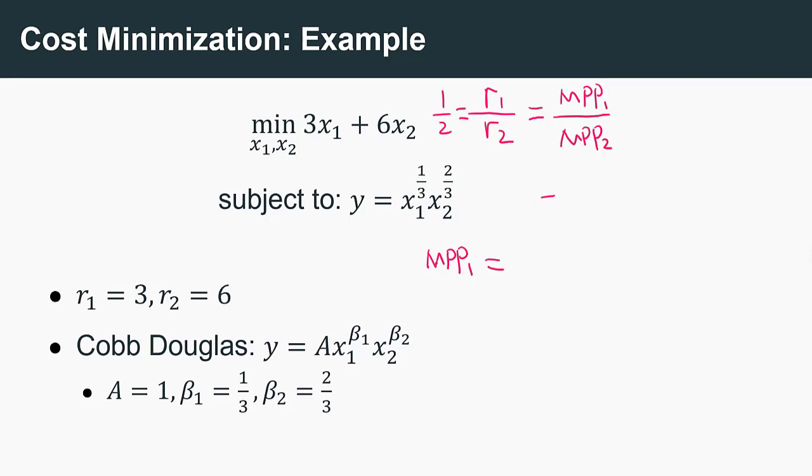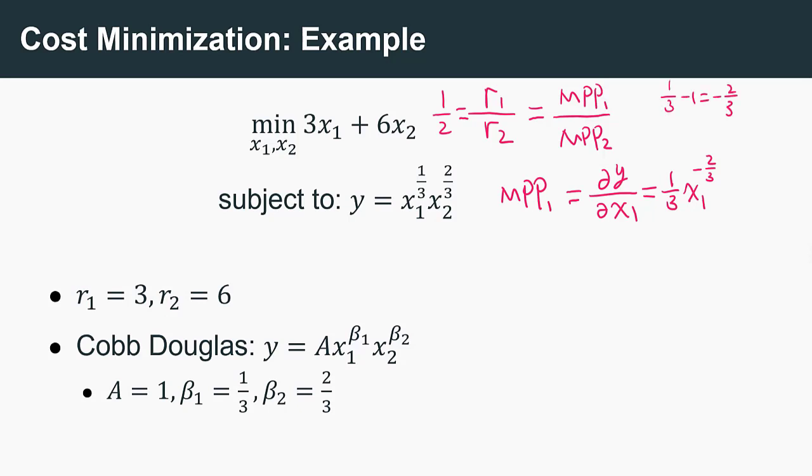MPP1 is equal to the partial derivative of the production function with respect to x1. Since we're taking the derivative with respect to x1, x2 can be considered as a constant. So it's equal to 1/3 times x1 to the power of minus 2/3. This exponent is because 1/3 minus 1 is equal to minus 2/3.